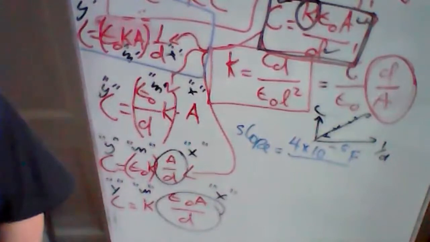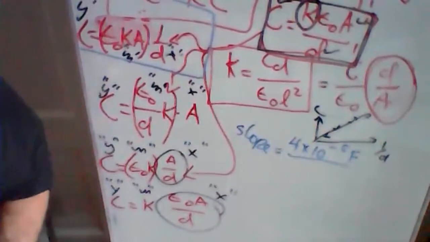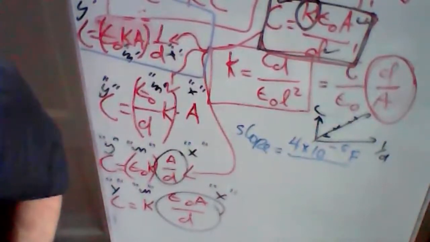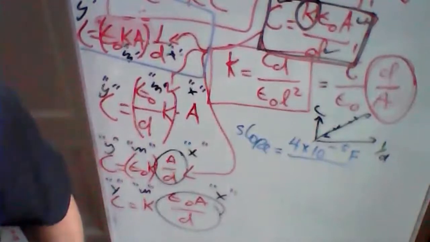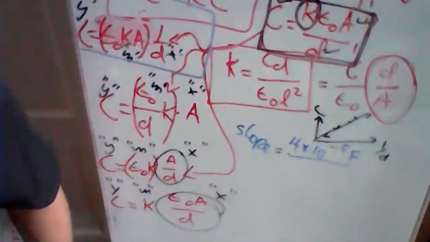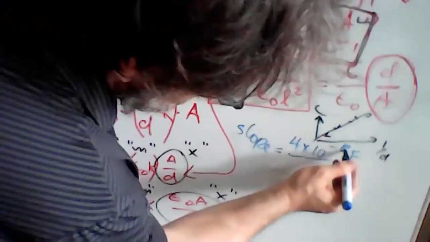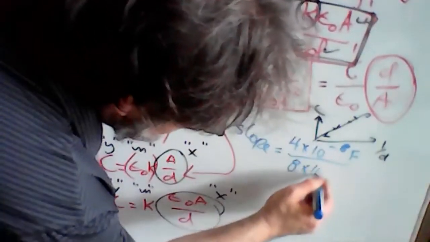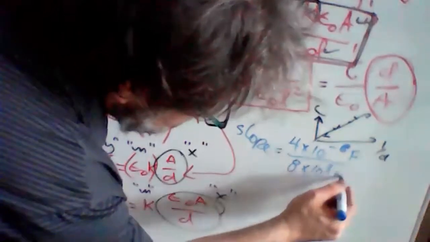I think it's 4 times 10 to the minus 8 or minus 9. The biggest values they have, so if we take the top 4, it should be minus 8. Oh, it is a minus 8. Okay, so there's minus 8. And on the bottom, we've got 8 times 10 to the 3. Yeah. 8 times 10 to the 3 meters minus 1.